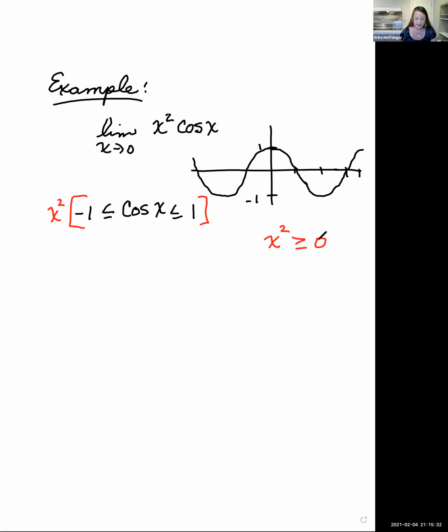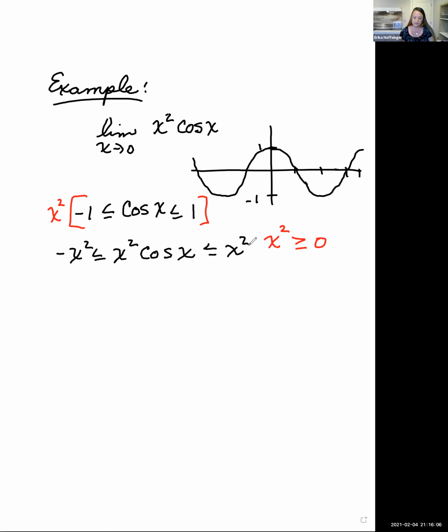If we multiply by a negative number, recall that changes the direction of our inequalities. So now multiplying through, -x squared is less than or equal to x squared cosine of x is less than or equal to x squared.